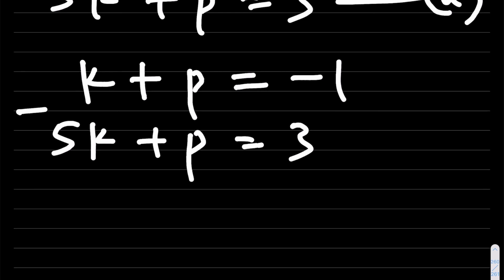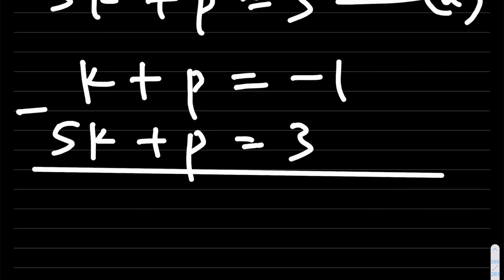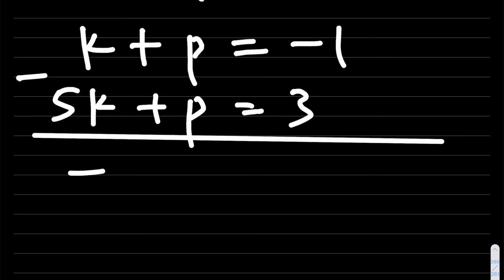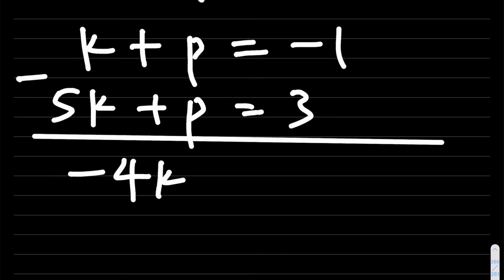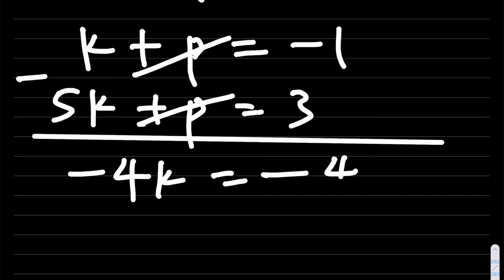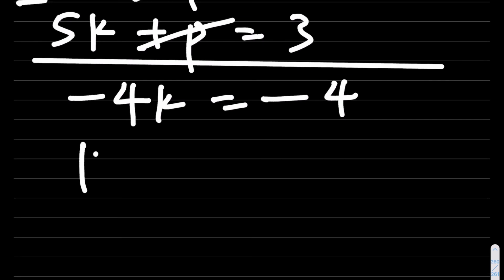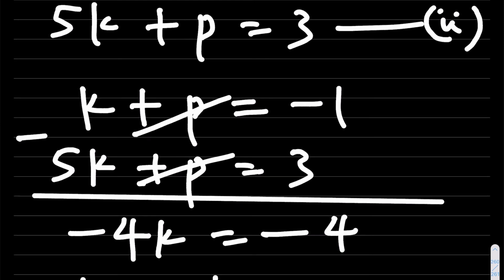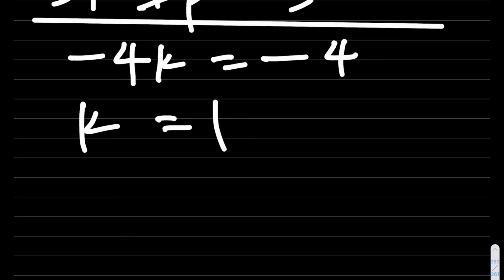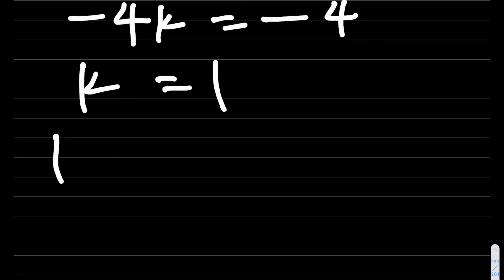What do we do? I can just subtract equation 2 from 1. k minus 5k is minus 4k, and p minus p is 0, equals minus 1 minus 3 is minus 4. And when we divide both sides by minus 4, we get k equals 1. So we can put k in equation 1, which means 1k plus p equals minus 1. That's equation 1.